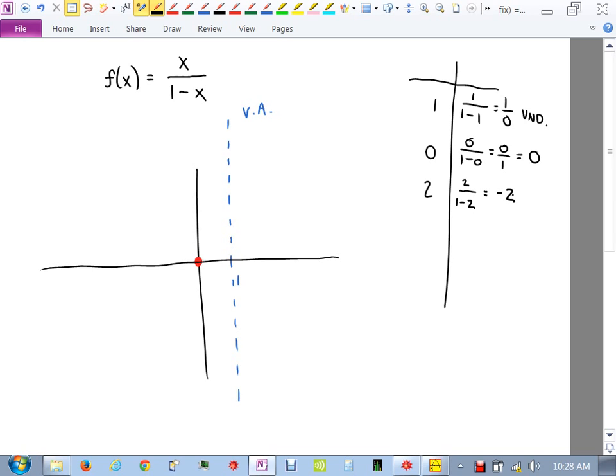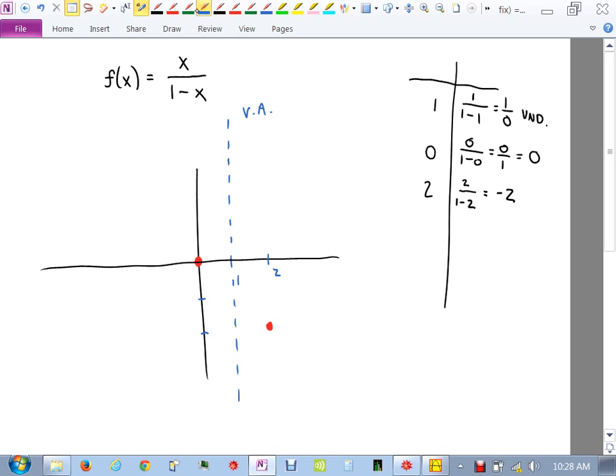Right, because that's 2 over negative 1, negative 2. So at 2, I'm at negative 2. 1, 2. I'll put a dot down here. Does everyone follow what I'm doing?